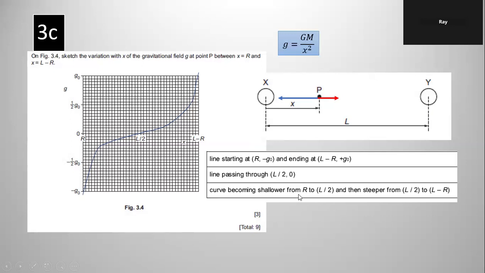Curve becoming shallower from R to L over 2, right? Shallower and steeper. So you get your 3 marks if you got that correct. That's the marking scheme. Any comment? Anything not clear?